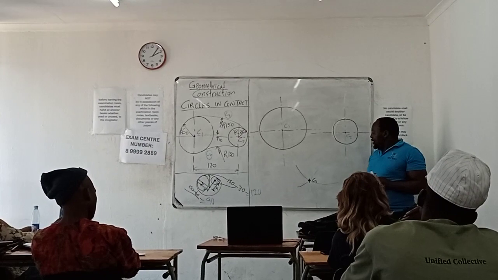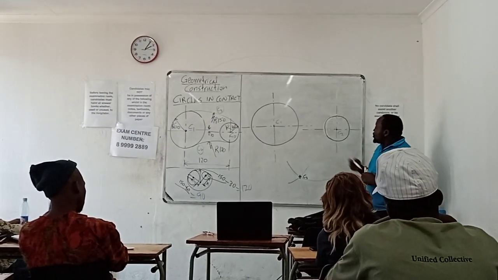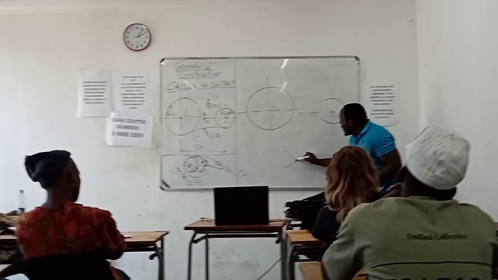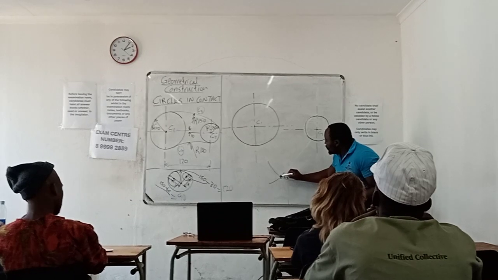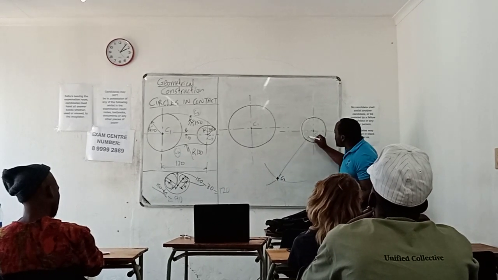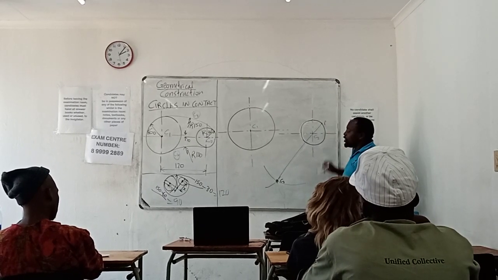Center 3. Draw a line from there, passing through the center until it touches there. This becomes your point of contact.